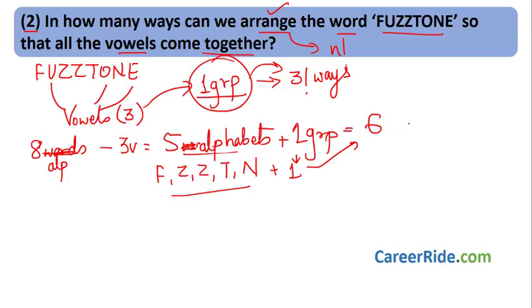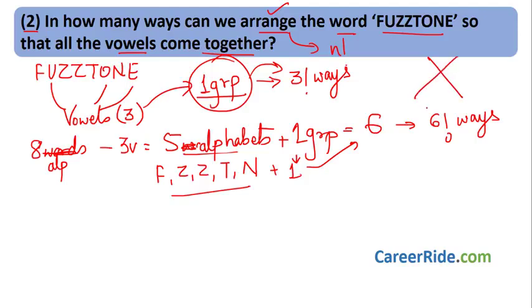These 6 things can be arranged in how many ways? 6 factorial ways. We have already learned if there are n things, we can arrange them in n factorial ways. So what you can say directly is that the final answer is 6 factorial into 3 factorial. But no, that is not the answer.